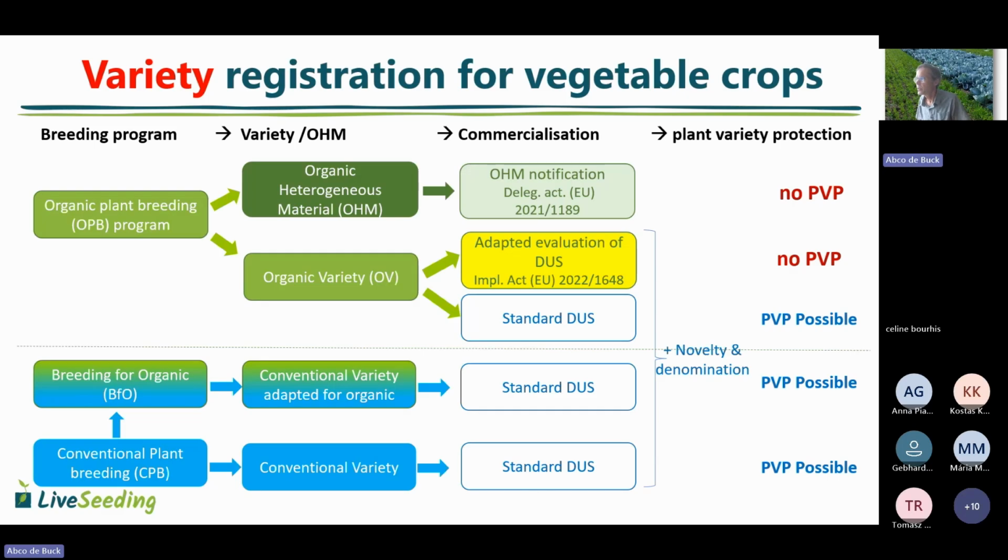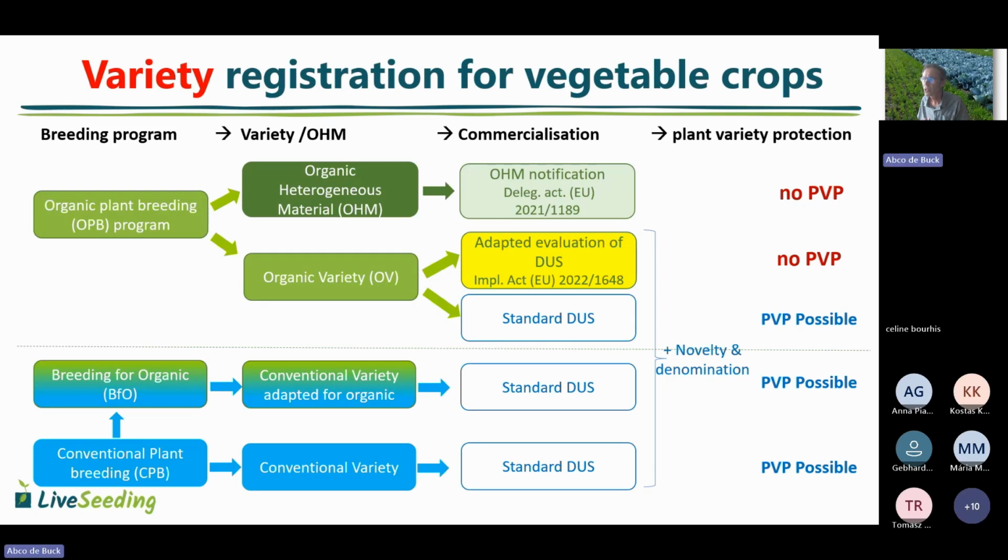In that case, PVP is not possible. It may also be that the organic variety is still compliant with the uniformity rules of the standard DUS. Then please go forward in the standard DUS, which means that plant variety protection is possible.